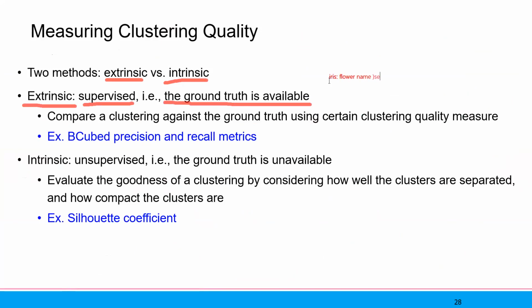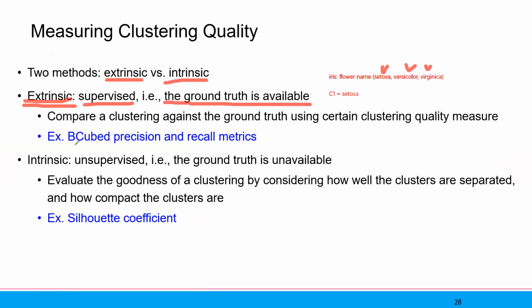We know that it is setosa. We know that it is versicolor. We know it is virginica. So if we do clustering, we can check whether cluster 1 equals setosa or not, or cluster 1 belongs to versicolor or not, cluster 1 belongs to virginica or not. So we can check the clustering result with this ground truth, because this is the extrinsic.